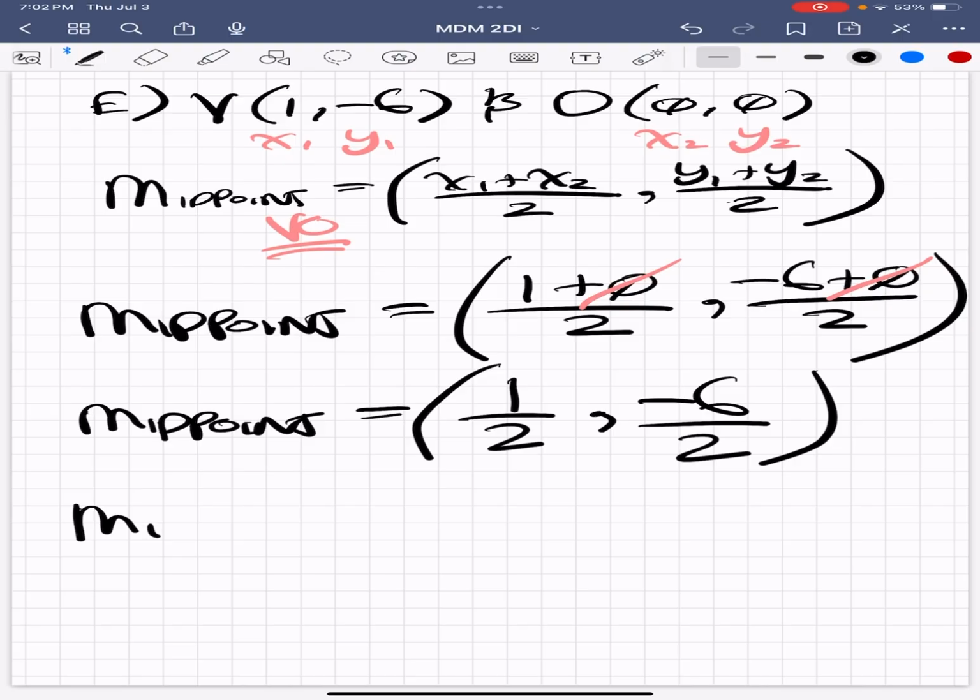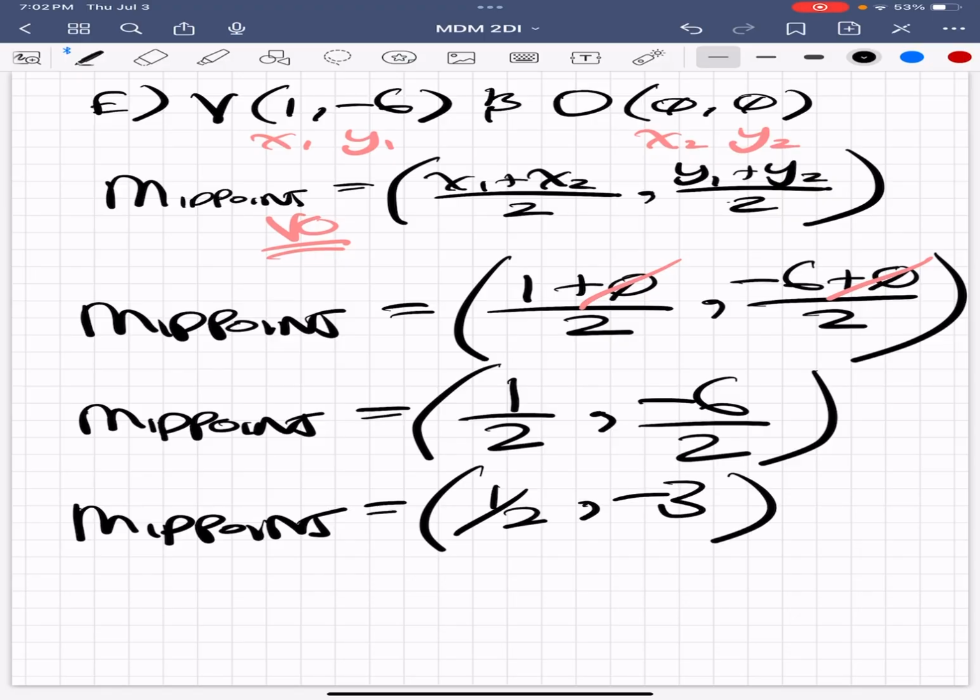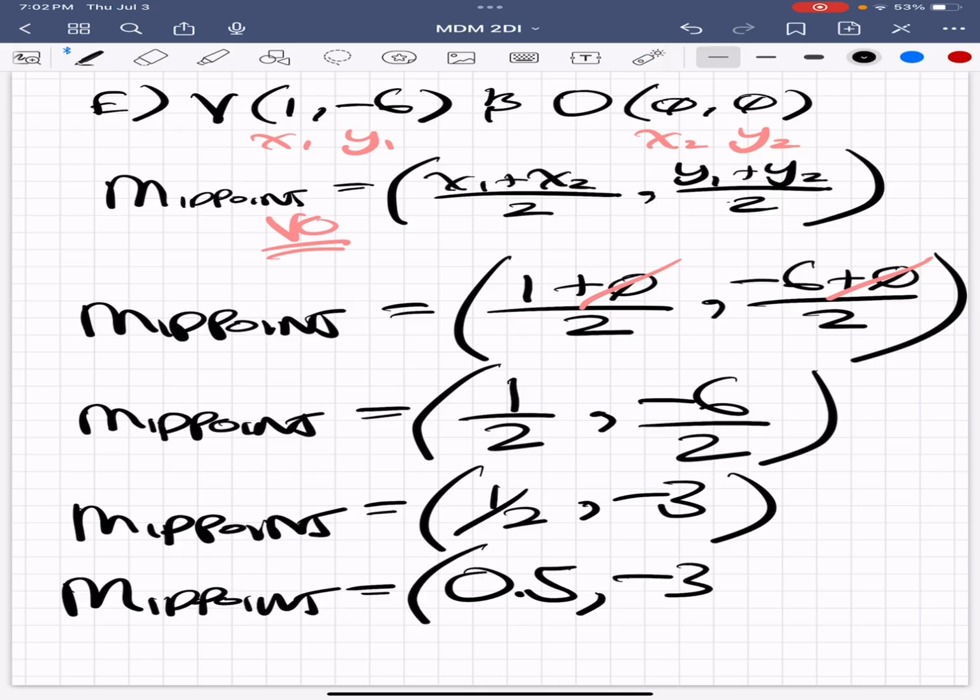And then we have 1/2 and -3. But if you want to look at it as a decimal, we'll do 0.5, comma, -3. That's a whole number. That's a decimal number.